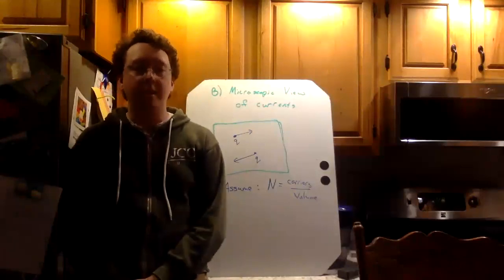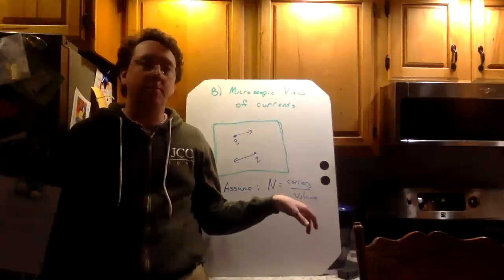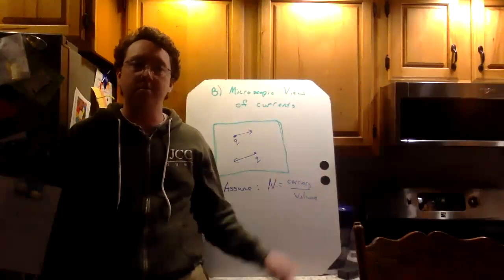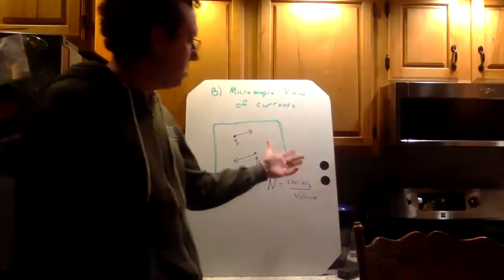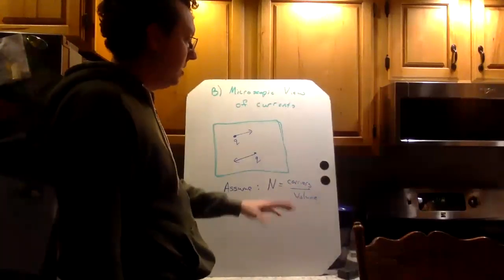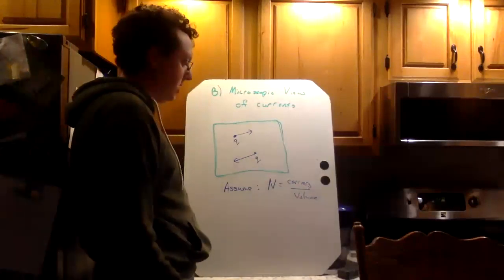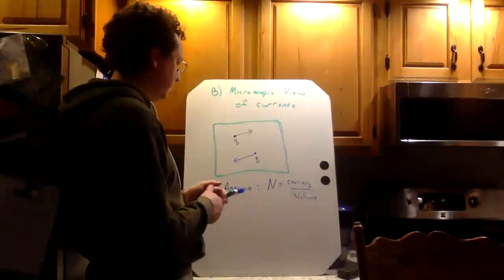So roughly, the number of charge carriers per unit volume is simply the number of atoms per unit volume, the number density of a metal. Really it should be the charge carriers per unit volume, but you expect that to roughly be the number of atoms per unit volume, assuming that each atom contributes one charge to the flow.